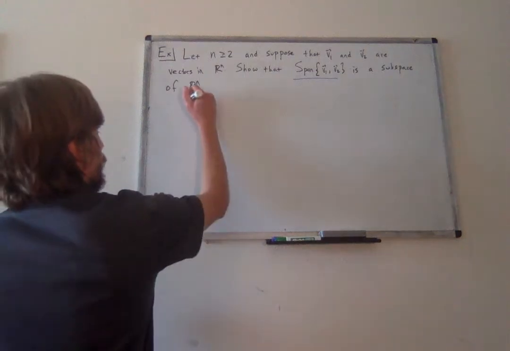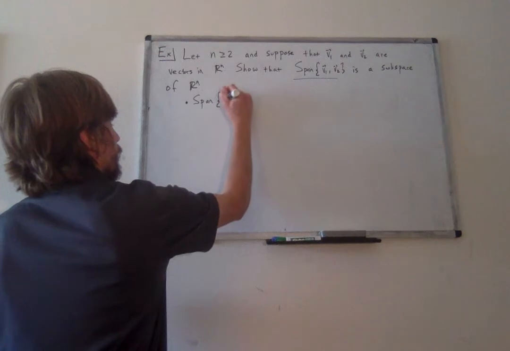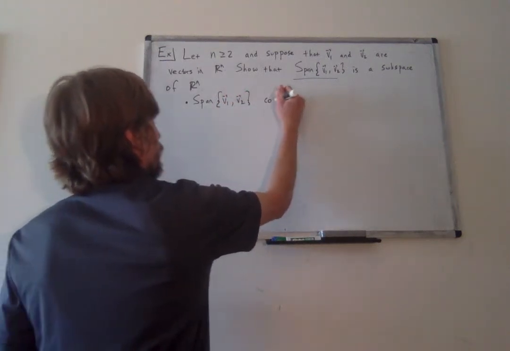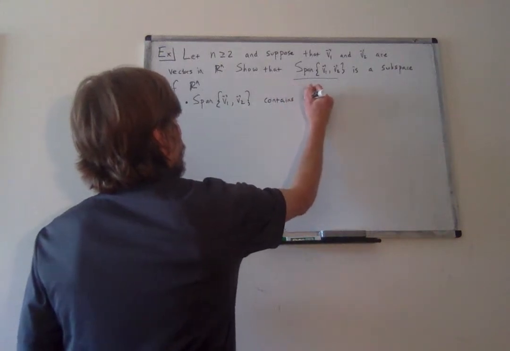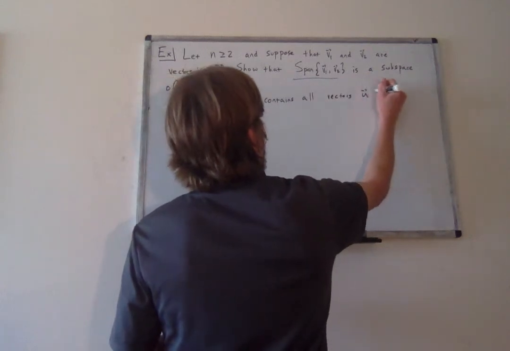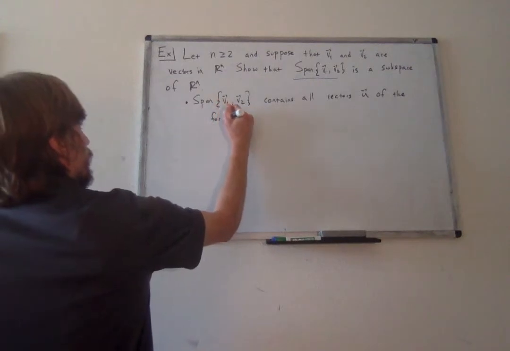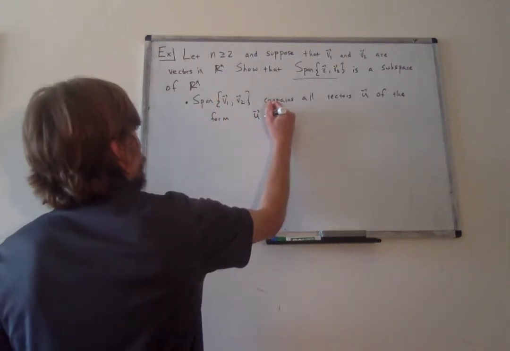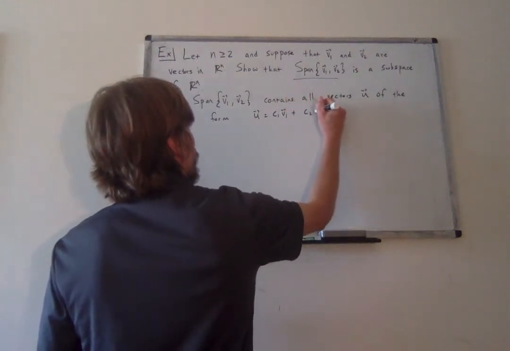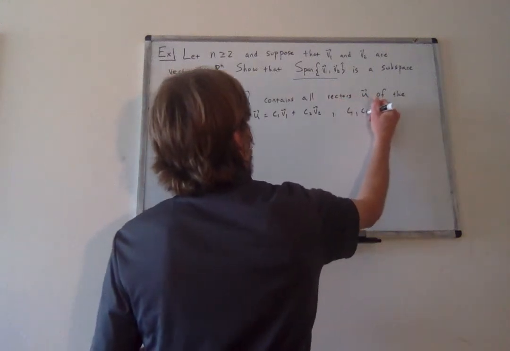So if you'll remember, the span of v1 and v2 contains all vectors u of the form u is equal to c1 times v1 plus c2 times v2, where here c1 and c2 are just real numbers.